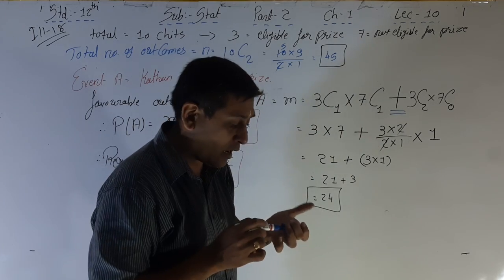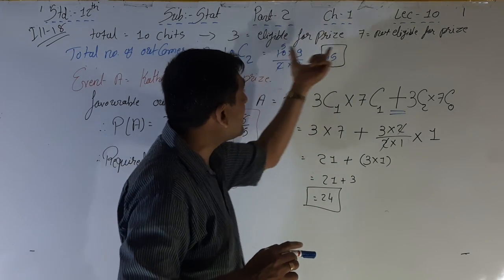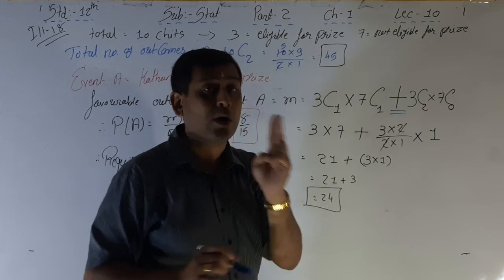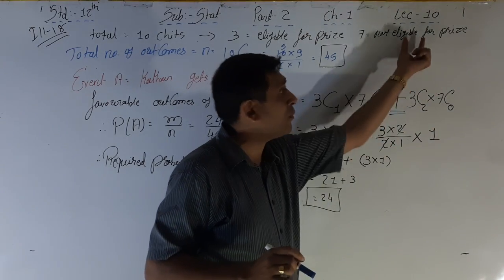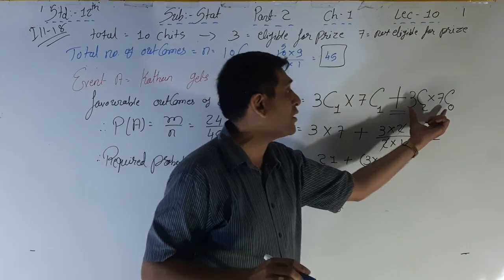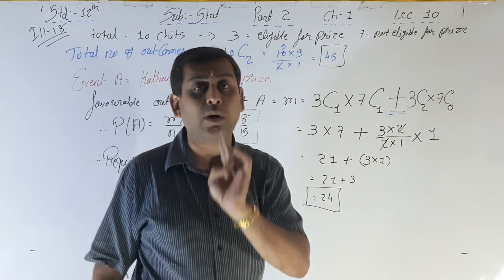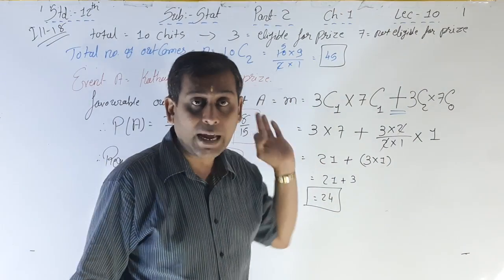Or 2 from these and 0 from these, or 0 from these and 2 from these, that is a total, we are selecting 2 from the 10 chits.